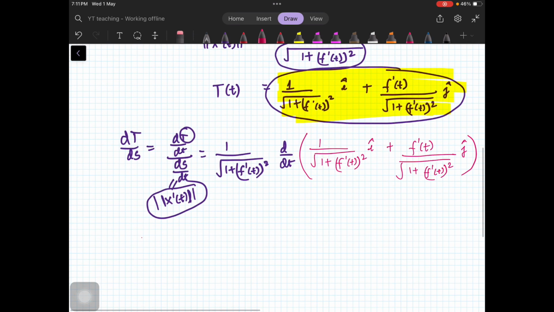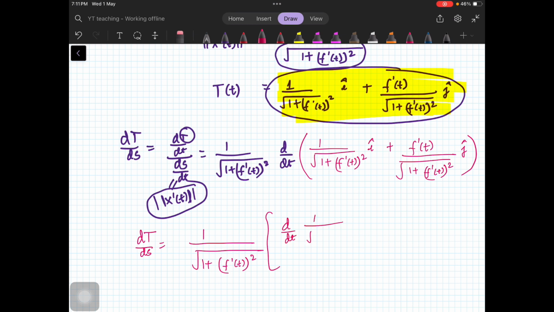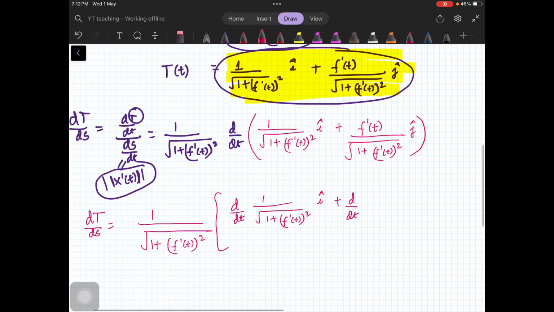So, we get that dT by ds is equal to 1 upon square root of 1 plus f prime t squared times the derivative of the components. You differentiate the components: d by dt of the first component, 1 upon square root of 1 plus f prime t squared, is the i cap part, plus d by dt of the second component, f prime t upon square root of 1 plus f prime t squared, is the j component, right.